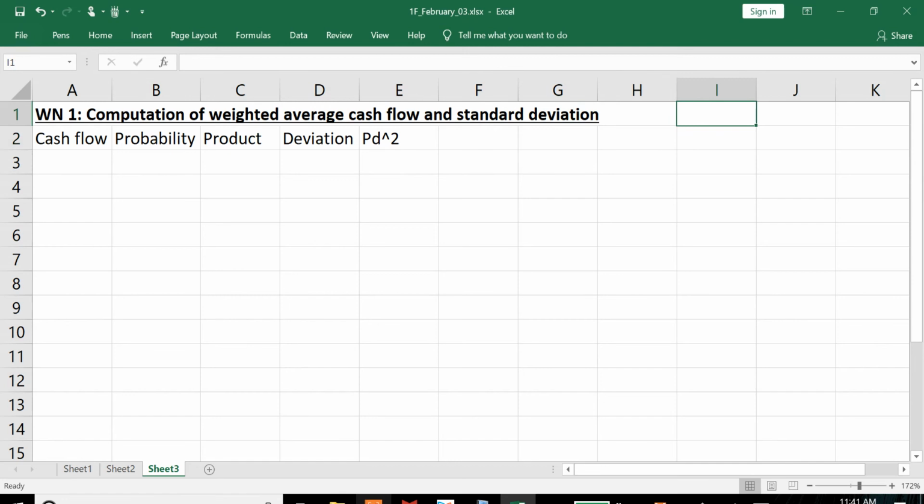We'll do this in lakhs, otherwise there will be so many zeros to write. Probability, product, deviation, PD square is a standard which has never changed. We keep writing the same stuff.